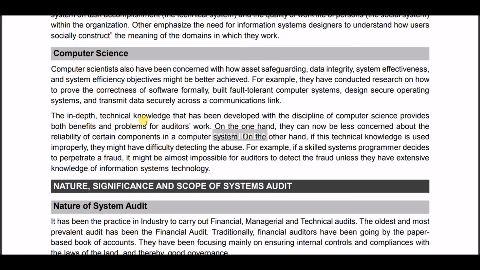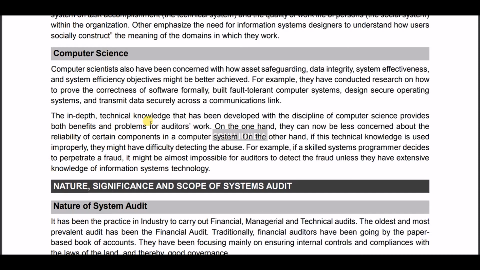So for an auditor, it will obviously get difficult where the task performed by the tech savvy person to implement the data or any fraud, it's hard to detect.